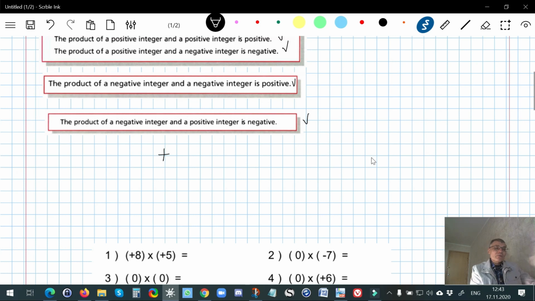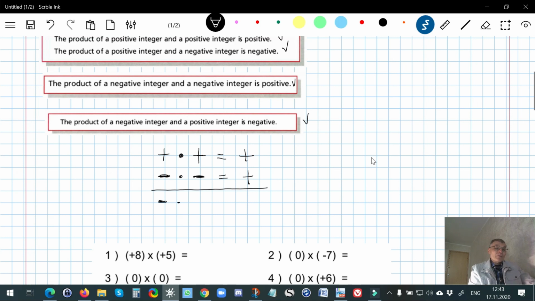Just write it without numbers. Positive times positive gives us positive. Negative times negative gives us positive. Then draw a line.